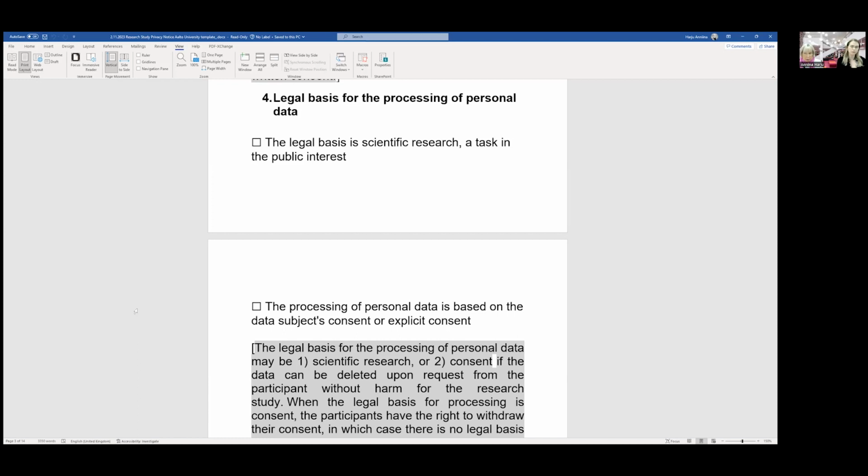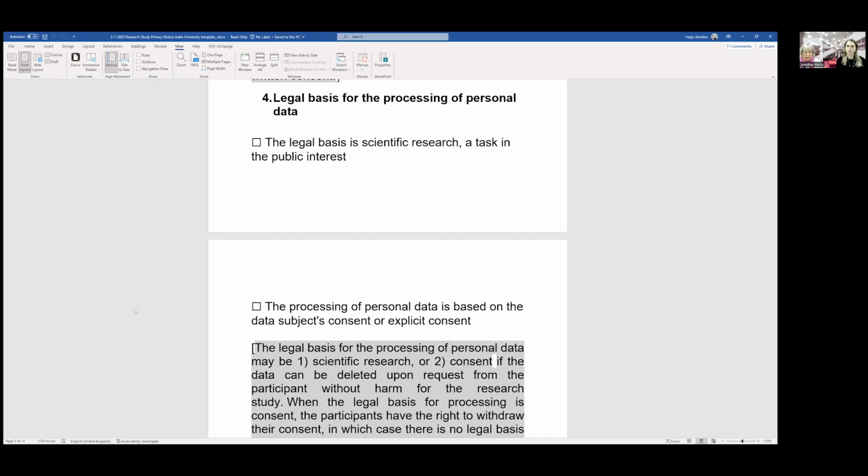And Finland has chosen to legislate this. So for the cases where you can use this template, Aalto University is the controller, and you are employed by Aalto University, you can choose as the legal basis that it's scientific research, a task in the public interest.